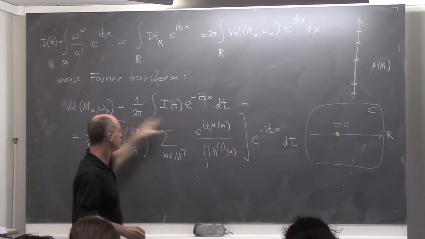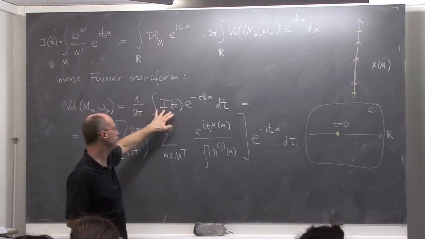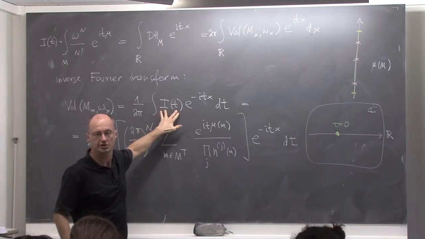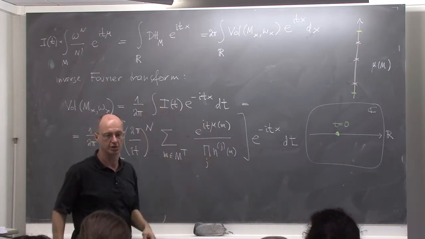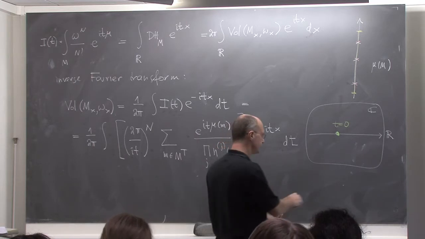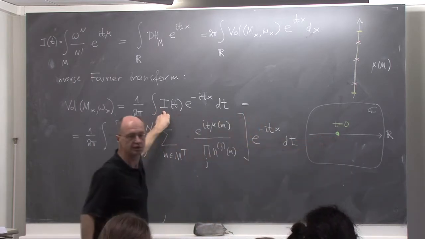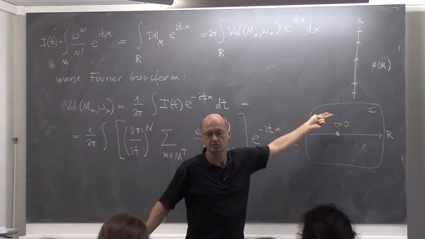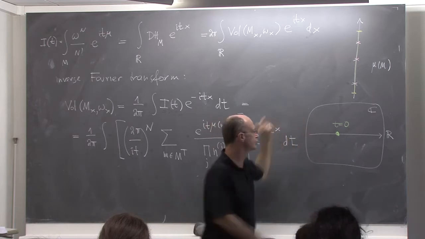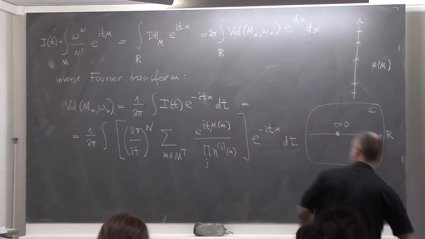But in the total sum, in this I of t, as we know, this is a very nice analytic function, so there is no singularity at t equal to 0 at all. This means that in principle we can shift our integration contour, either upwards or downwards, as we like. So let's, for instance, shift it downwards.